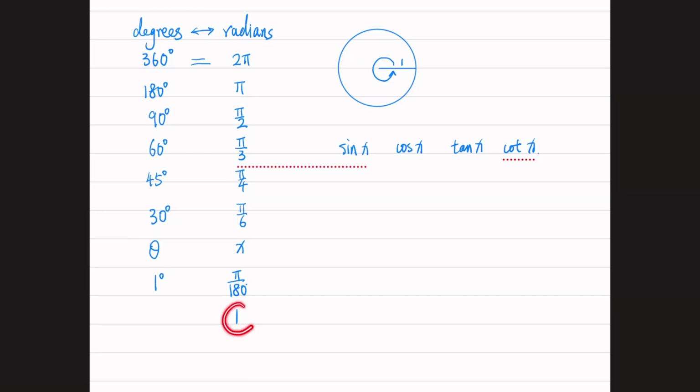Not easy? Let's check. If pi is 180, how do you find 1? Previously, how do we find 1 degree? We divide both sides by 180. Here, you divide 180 by pi. Yes, so we divide both sides by pi, we get the degree for radian 1.